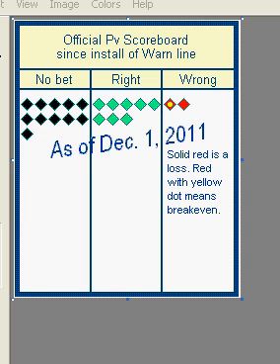Now, we do maintain a running scoreboard there at orangequant.com on the PV indicator, and this is what it looks like. And actually, those numbers for the right calls that we had are running somewhat behind the back test. And the reason is mainly that our no bets are starting.